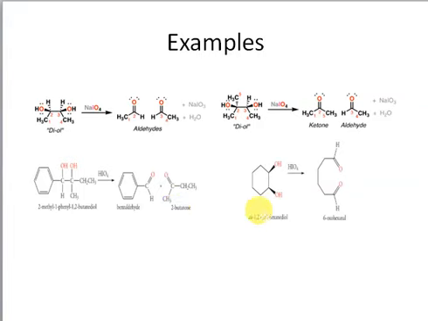Right, so here we have another example. We have a cyclohexane diol, and this is a cis diol because both of these hydroxyls are on the same side, on the above side. So we have to cleave this one from the center, and we have to convert both of these carbon-oxygen bonds into carbonyl compounds.